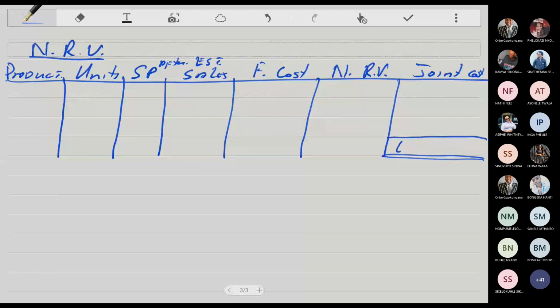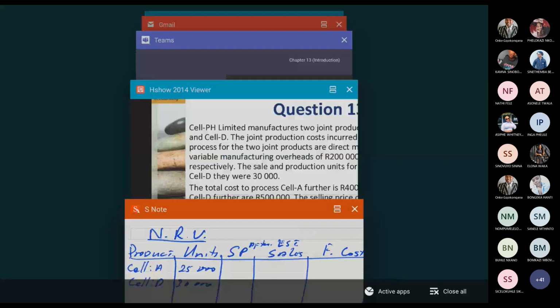We know that the joint cost is 600,000. We've got to sell A and sell D, 25,000 units, 30,000 units. Selling price after further process. Let's go and check our question.